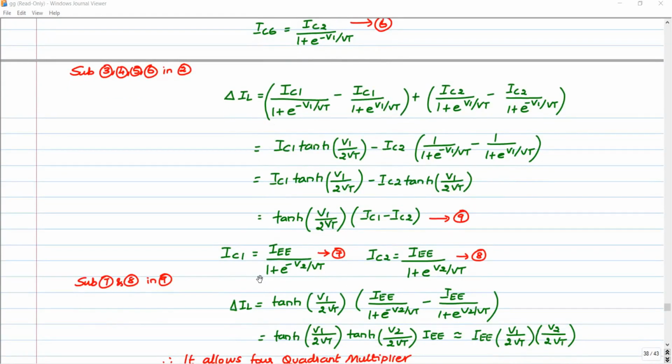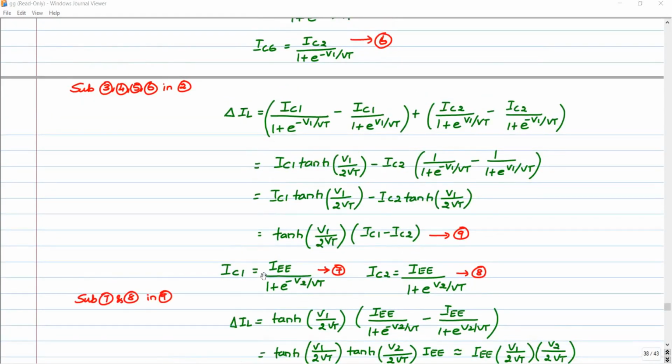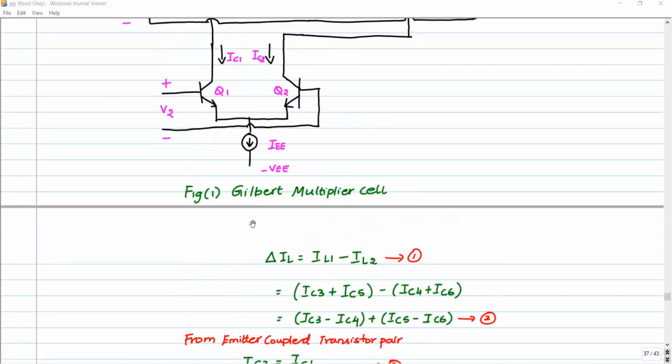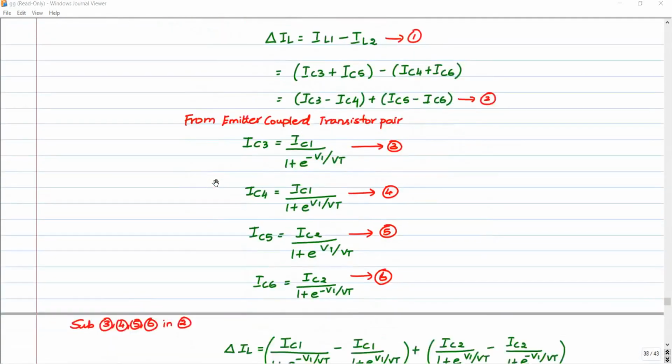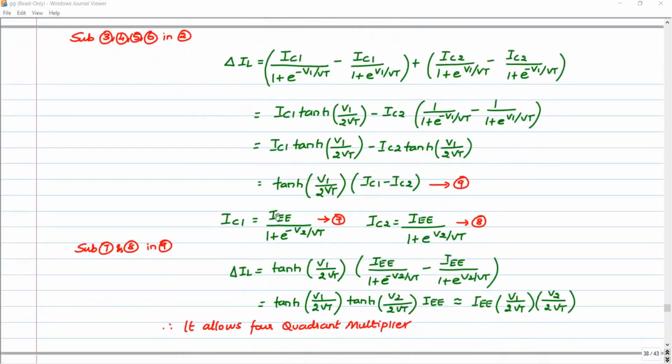We know that from the emitter coupled transistor pair, IC1 is equal to IE divided by 1 plus e power minus V2 divided by Vt. I have derived this from that equation. IC2 is equal to IE divided by 1 plus e power V2 divided by Vt. So I am going to substitute 7 and 8 in equation 9.